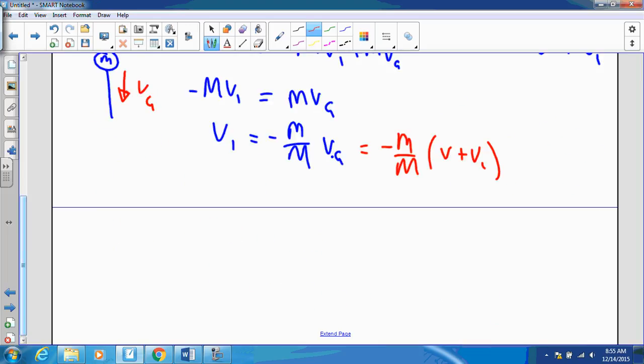And we can solve, we're looking for V1, so we're gonna get all of our V1s on one side and all of our V's on the other side. And so we can do that by distributing and adding to both sides.